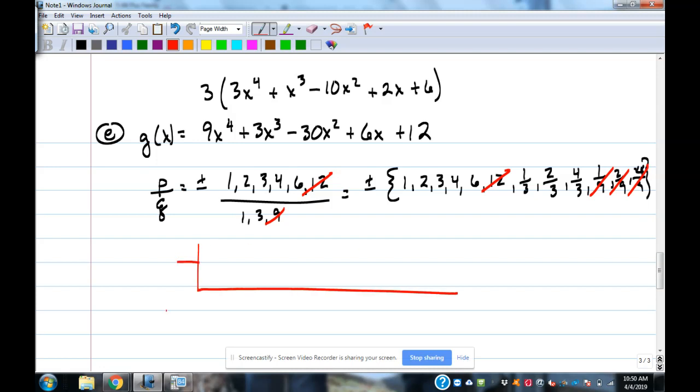I'm going to go to the original one where, let's just use the GCF one there, the 3x, because the numbers are smaller. 3, 1, -10, 2, and 6. I need to go graph that original polynomial, see where it's crossing the x-axis.